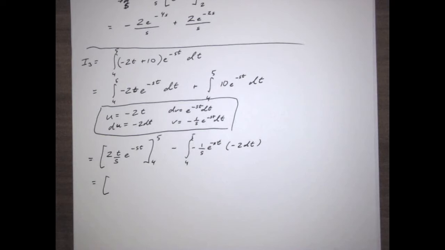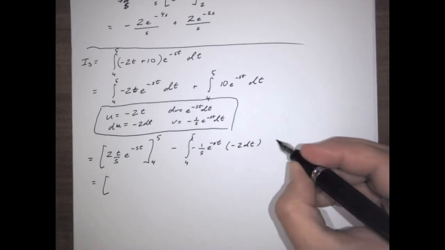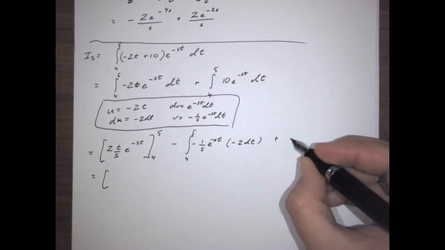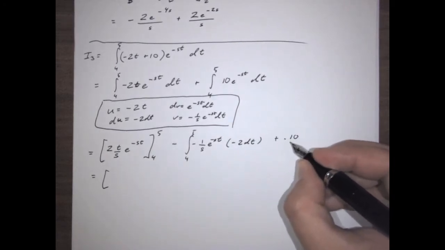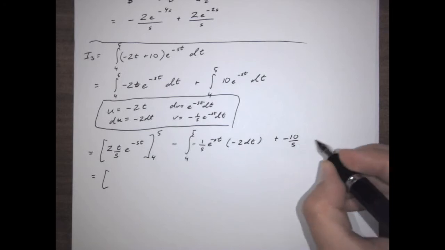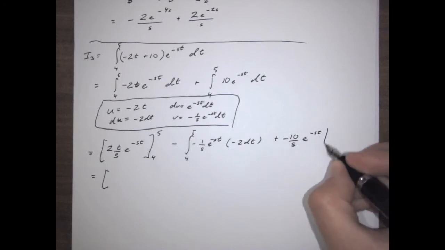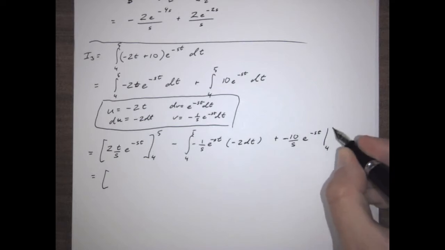So on this one, plus the other one over here, the easy one. So that's going to be negative 10 over s e to the negative st, 4 to 5.